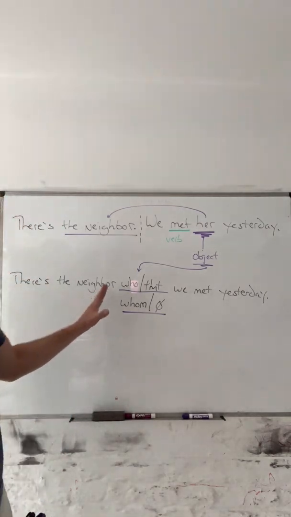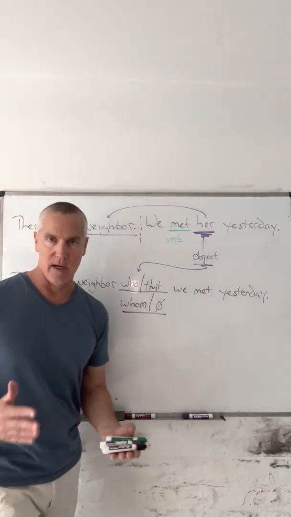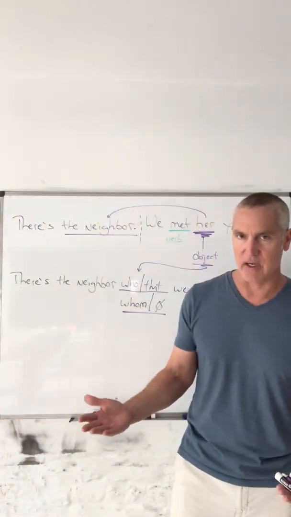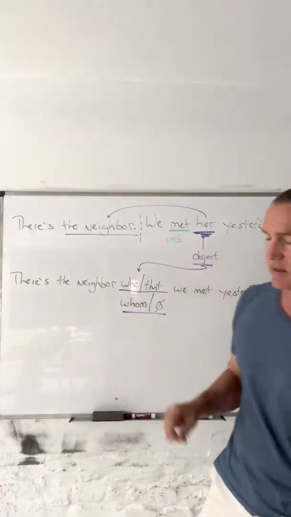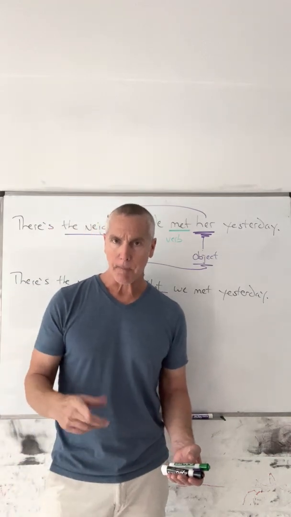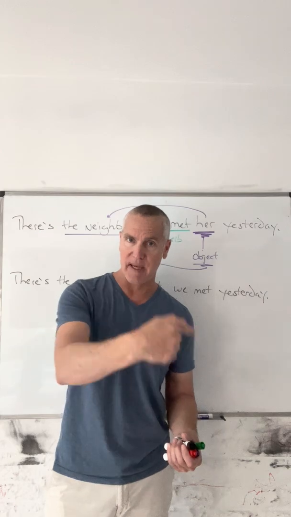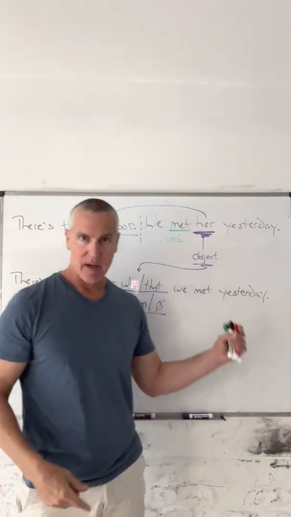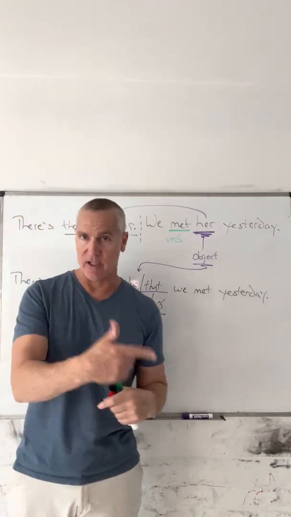So again, now we have 4 possible combinations when it is a person and the reference in the second sentence is the object. Now, remember before in the last video, we said that it's not correct to repeat the same pronoun in the adjective clause.